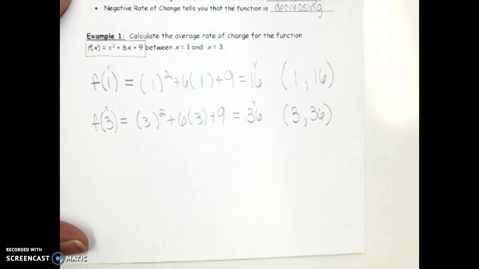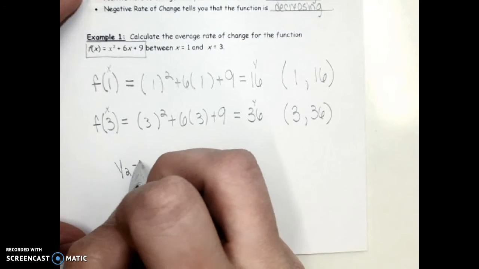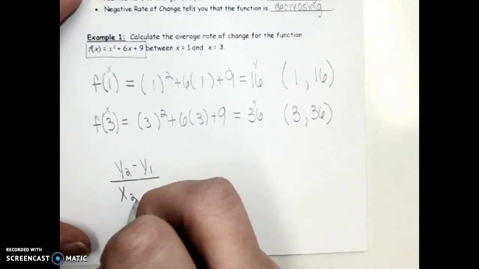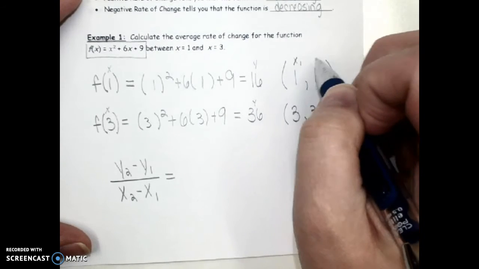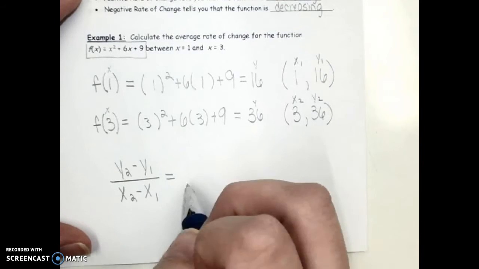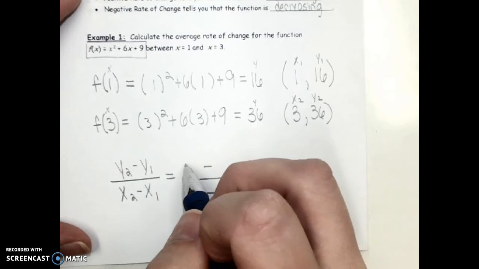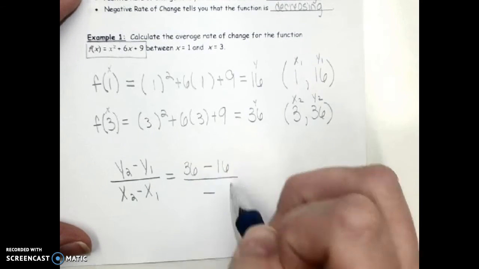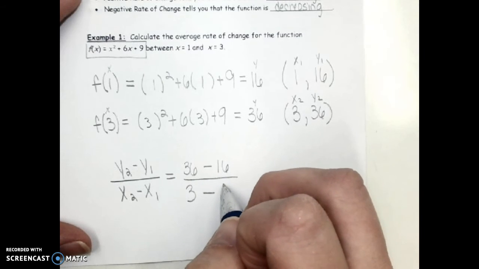Now you're ready to do rate of change. You're going to use y2 minus y1 over x2 minus x1. x1, y1, x2, y2. The formula has a subtraction. y2 is 36, y1 is 16. x2 is 3, x1 is 1.